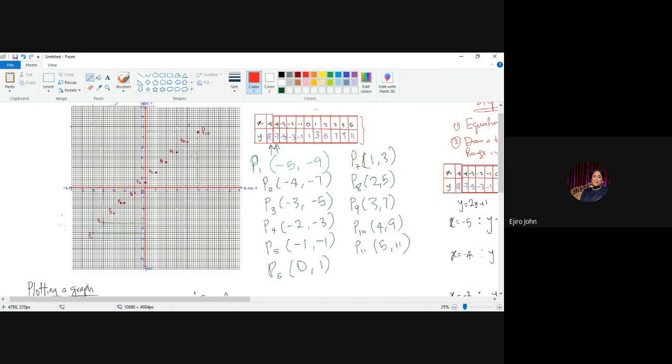A parabola means a curved line. It's going to be something like this. Okay, let's go ahead and draw the line.